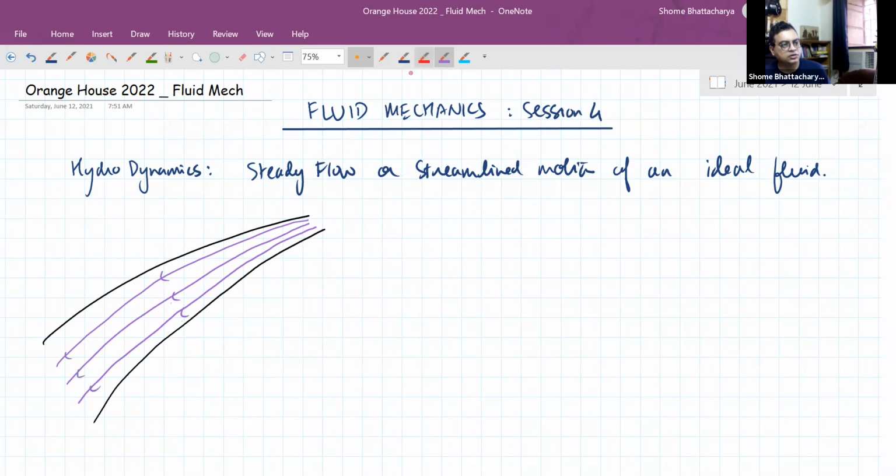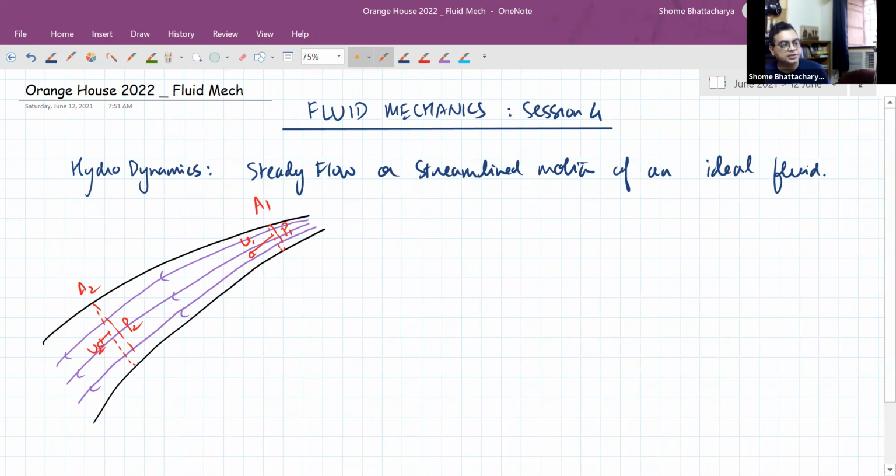So if we consider two positions in the tube of flow where the area of cross section is A1 and A2, the velocity of flow is V1 and V2, and the absolute pressures of the fluid inside are P1 and P2.